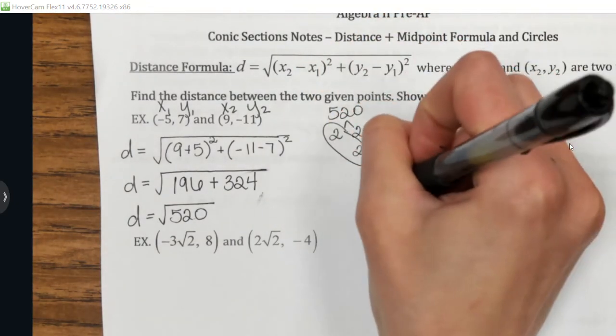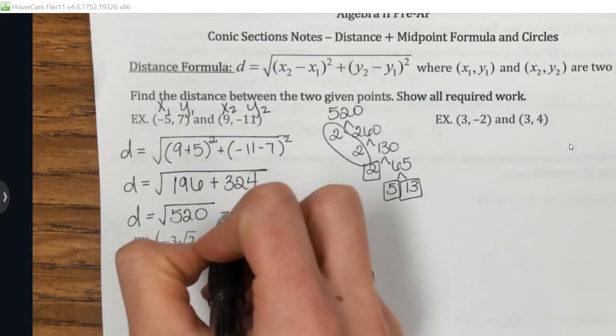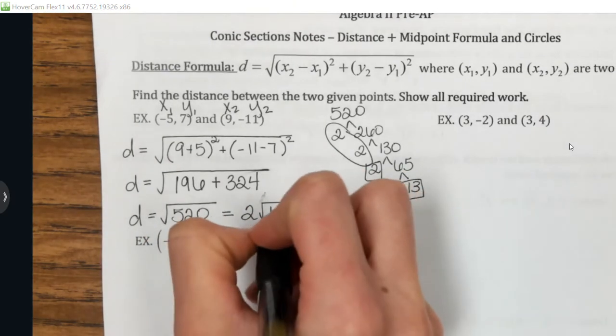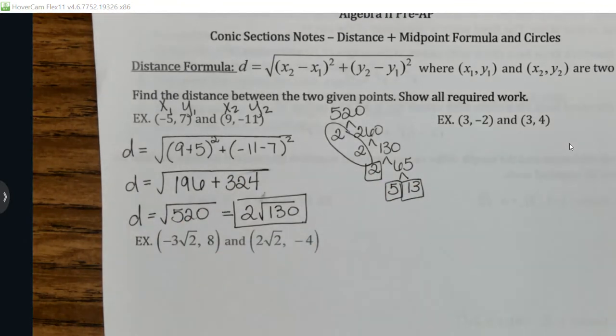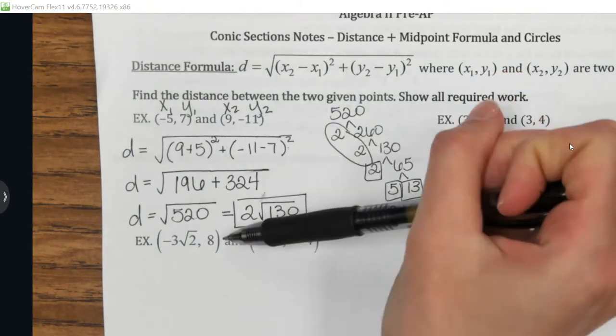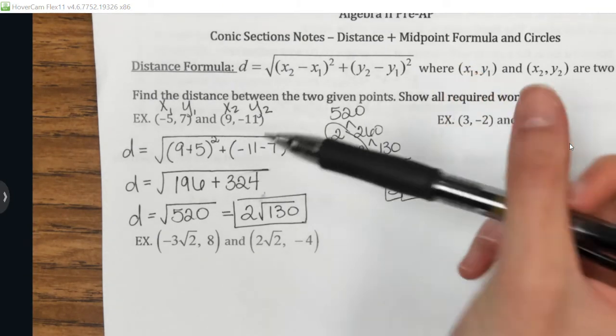The 2, the 5, and the 13 are all left over. So the square root of 520 simplifies to 2 square root of what? 130. Okay? If you go straight from this very first step to the square root of 520, you're going to miss a point for the middle. Okay?